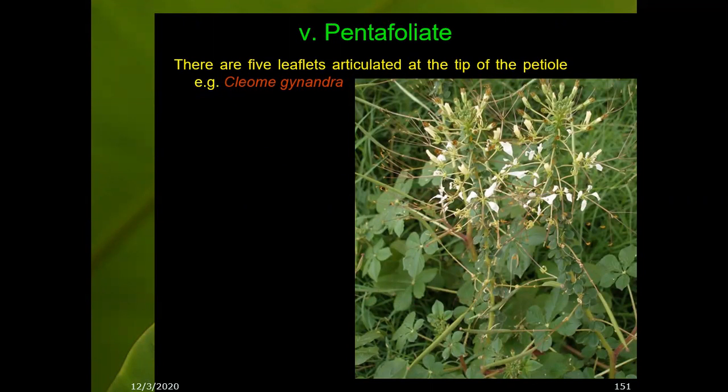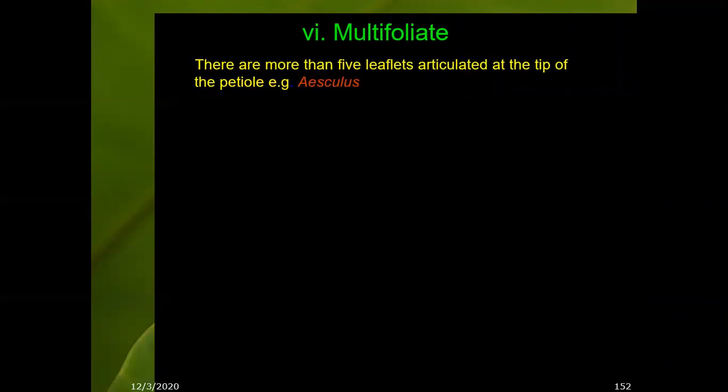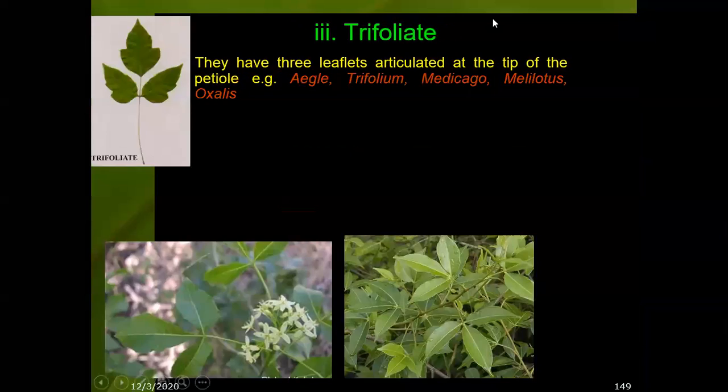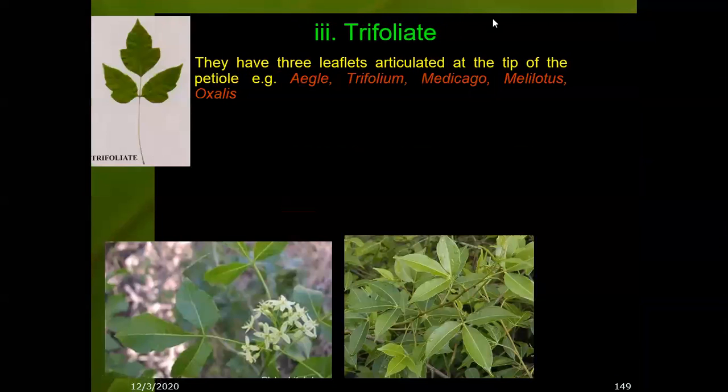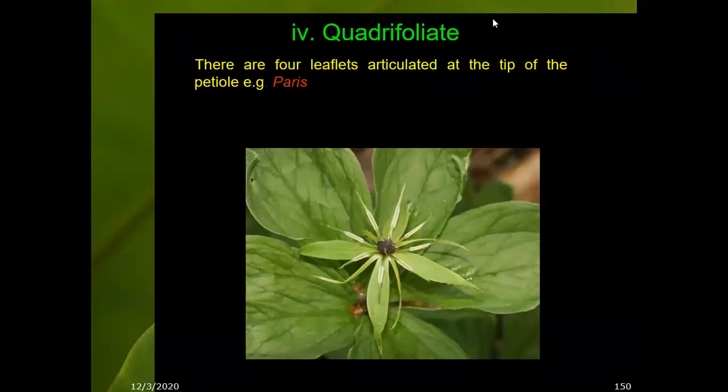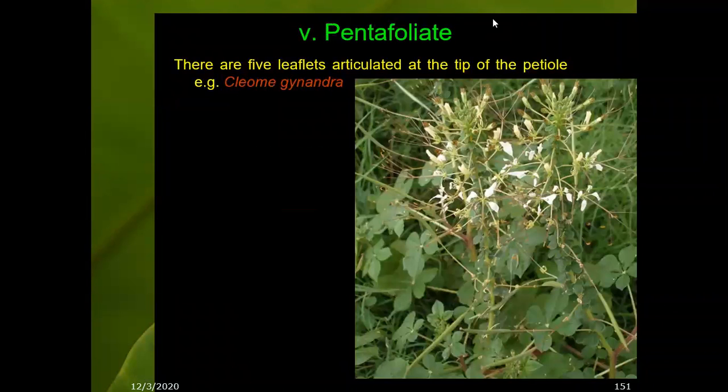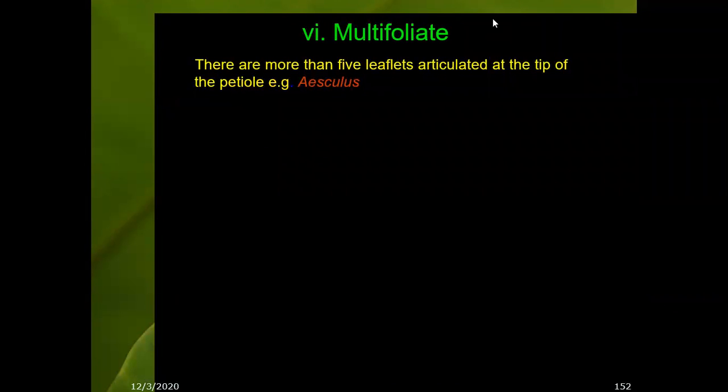There are five leaflets articulated at the tip of the petiole. It is said to be pentafoliate. Next, multifoliate: more than five leaflets articulated at the tip of the petiole. So in palmately compound leaves we have studied unifoliate, bifoliate, trifoliate, quadrifoliate, pentafoliate, and finally multifoliate.